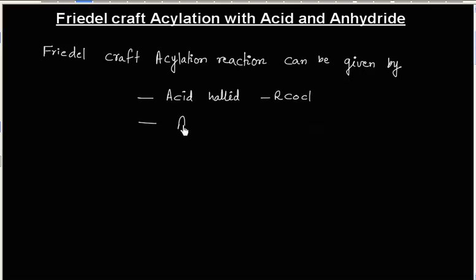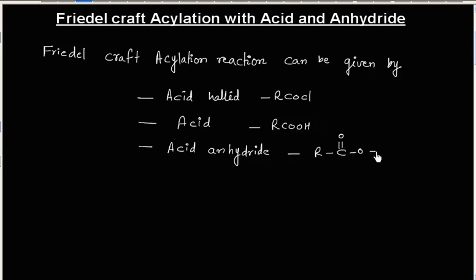It can be given by acid, that is RCOOH, and it can also be given by acid anhydride. So let us discuss Friedel-Crafts acylation with acid and acid anhydride.